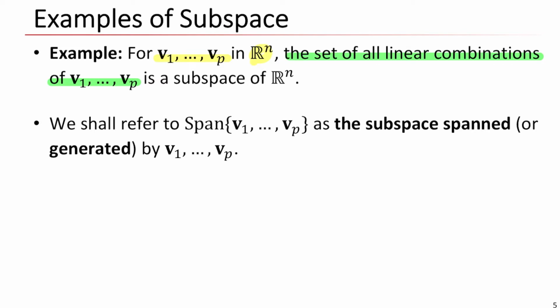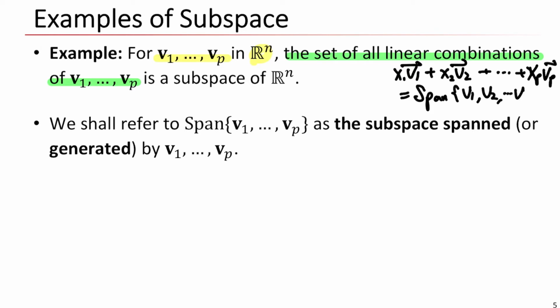In this case, it's x1 v1 plus x2 v2 plus up to xp vp. So this is a linear combination of the vectors v1 through vp. Actually this is span of v1, v2, through vp, right? So this span of v1 through vp is a subspace of Rn space. Okay, why?